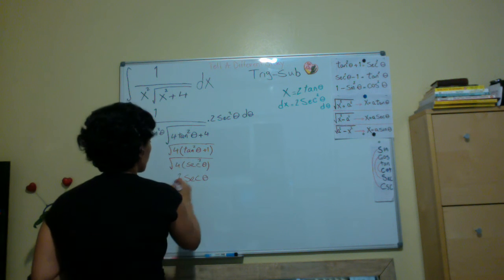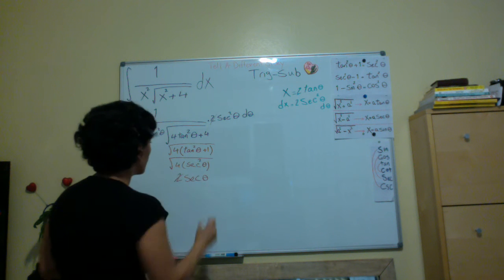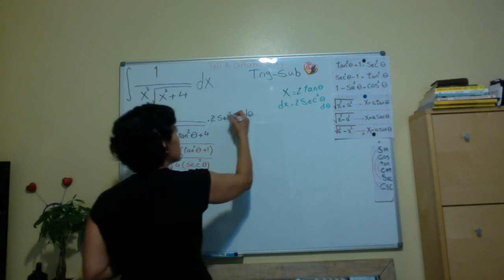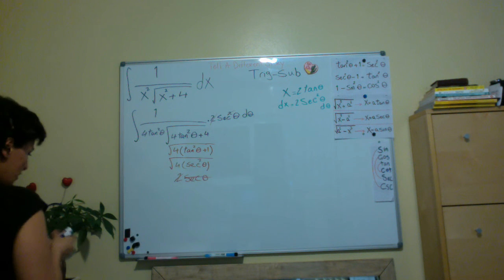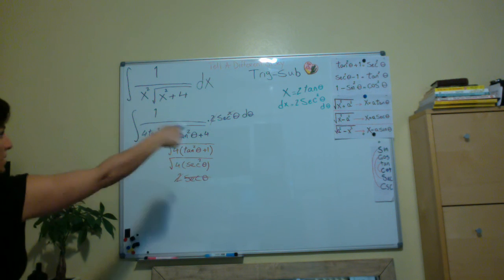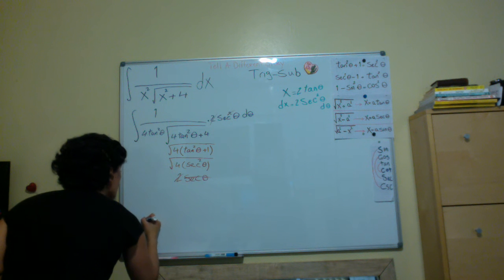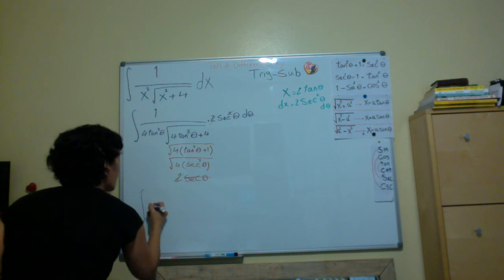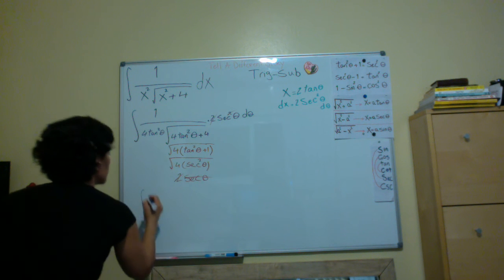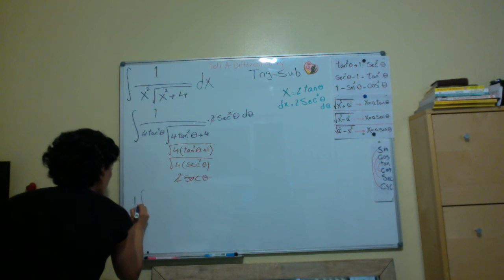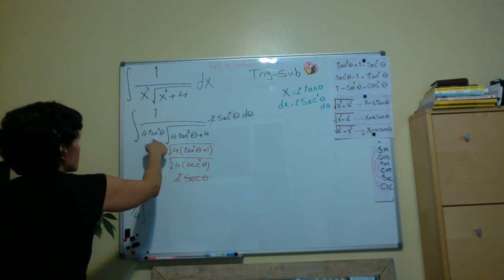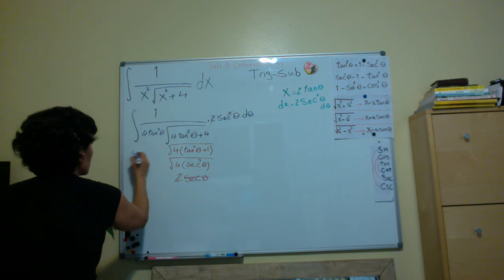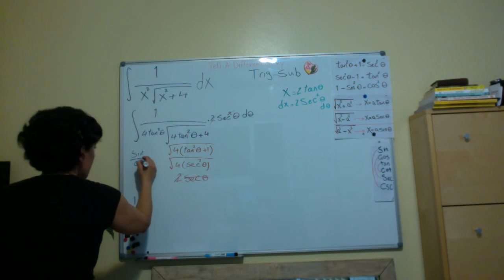So what do I have here? I have a 2 in the denominator, I have a 2 right there. I have a secant here, I have 2 of them up there, and I could get rid of one of them. Then I have 1 over tan squared theta times secant theta d theta. I'm going to bring my 1/4 out. And rather than writing this as 1 over tangent, you all know that tangent is sine over cosine, and they both are squared.